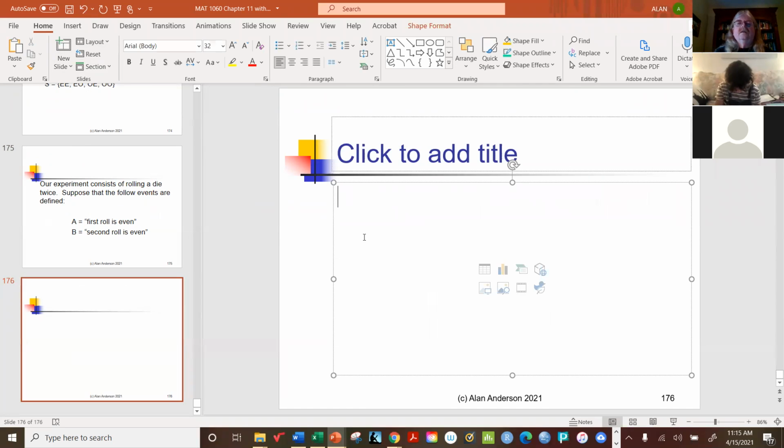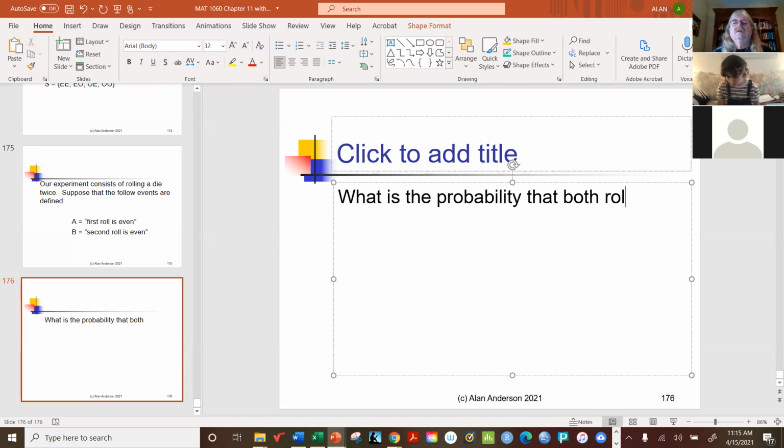Okay, let's put it this way, what is the probability that both rolls are even?